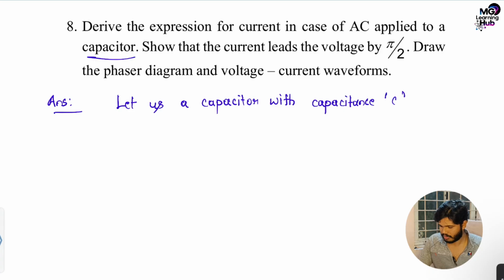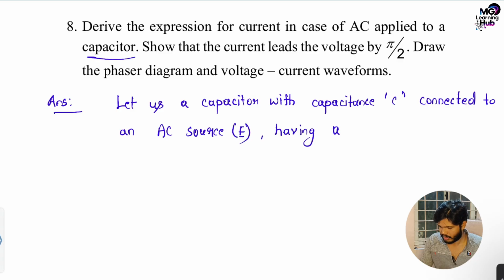C, capacitance C connected to an AC source E having a voltage V. We need to define the voltage. Voltage V is equal to V naught sin omega t. Let us call this equation 1.